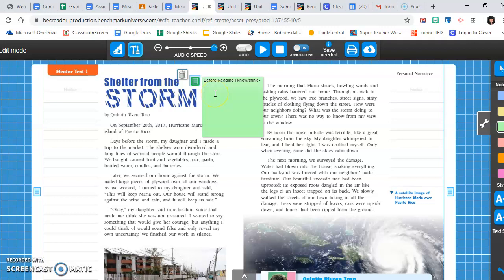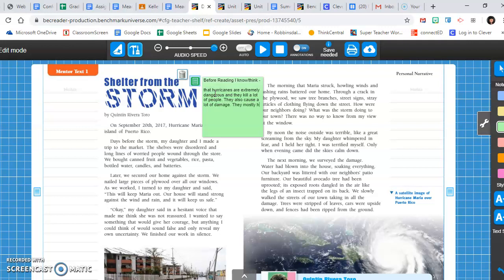Before reading, I know/think that hurricanes are extremely dangerous and they kill a lot of people. That's kind of the only thing I think of when I think of hurricanes, that they're really dangerous, they kill a lot of people, they also cause a lot of damage.